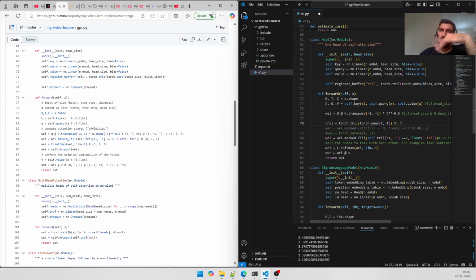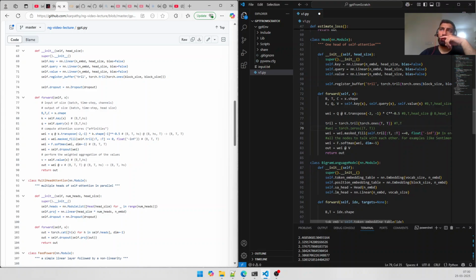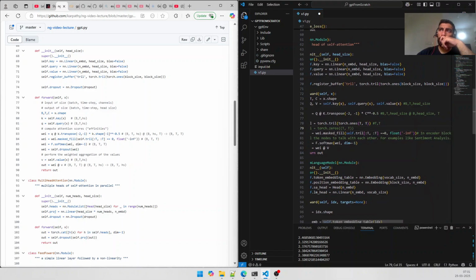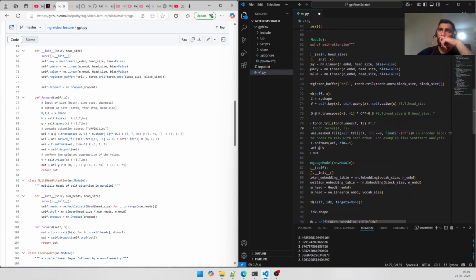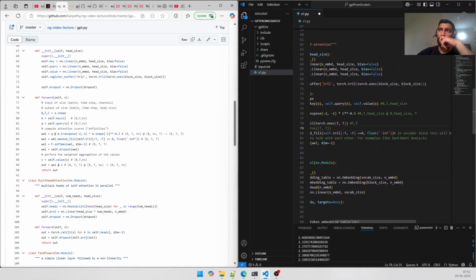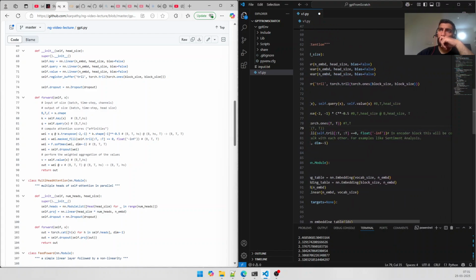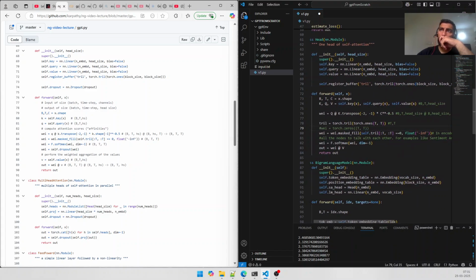From the diagonal and downward, all will be one here. In the code, this block will be commented out if we want all the nodes to talk to each other.